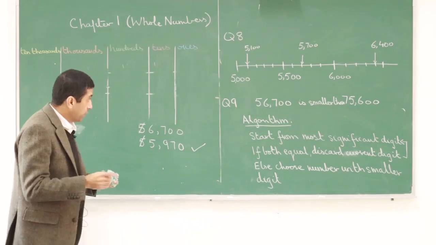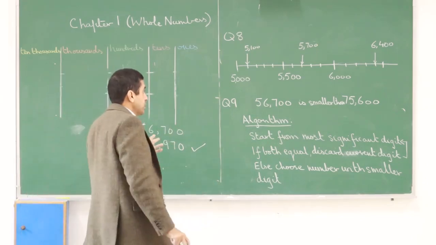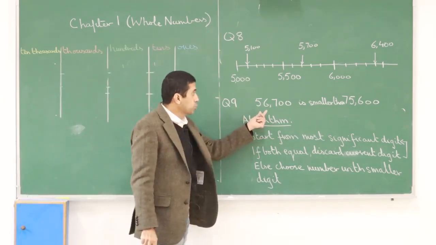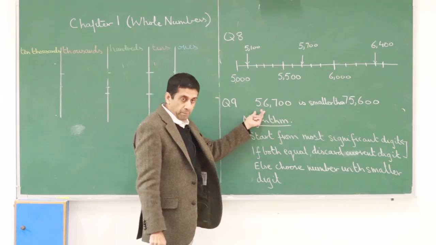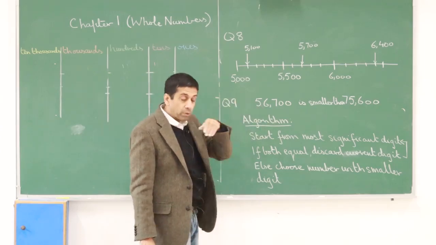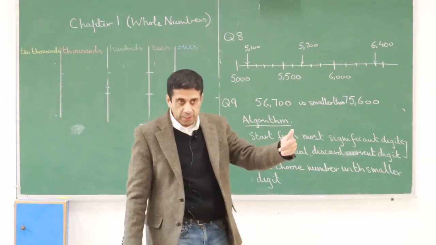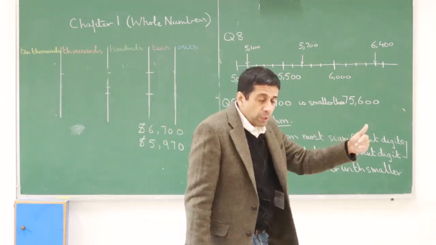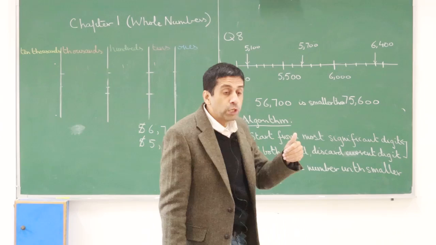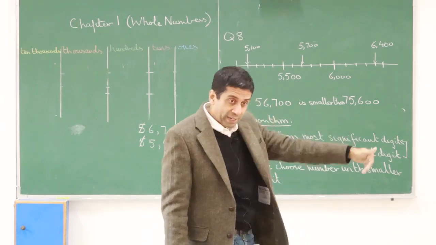One way, without using the algorithm, is that we could use skip counting. So we skip count forward by 100. Remember, when we go forward by 100, we are going to a bigger number because we are going to the right.